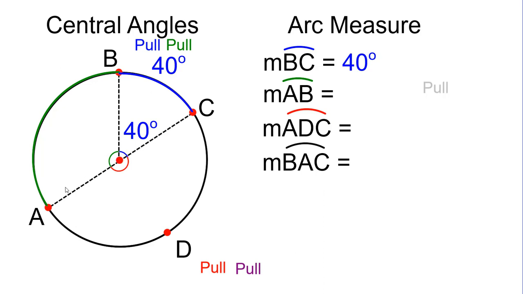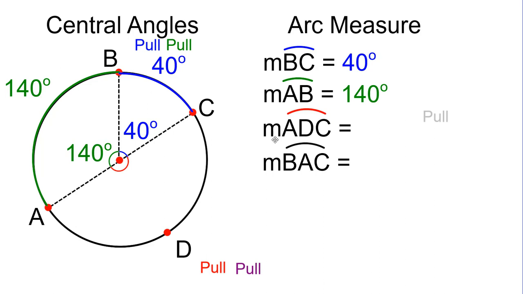So that means that this is going to cut the circle into two semicircles, which have measurements of 180 degrees. Also, we know that this is a straight angle. So if this is 40 degrees, it means this angle here has to be 140 degrees because they add up to 180. So if the central angle is 140, that tells us that the measurement of the arc is also going to be 140 degrees.